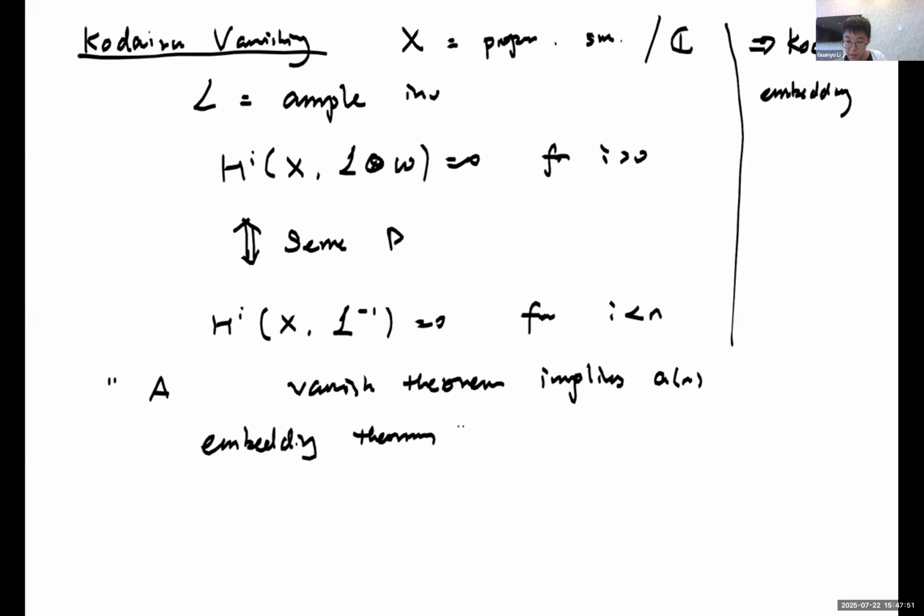So you could say, okay, I want to add something more here, which is a good vanishing theorem implies a good embedding theorem. Well, Kodaira vanishing is a good vanishing theorem in the sense that it tells you a lot of embedding information.